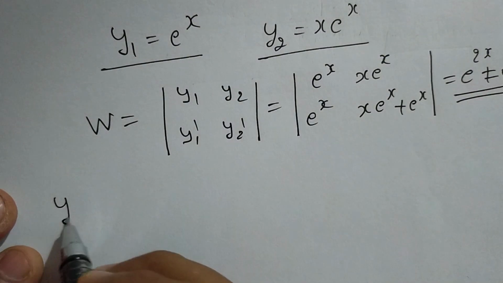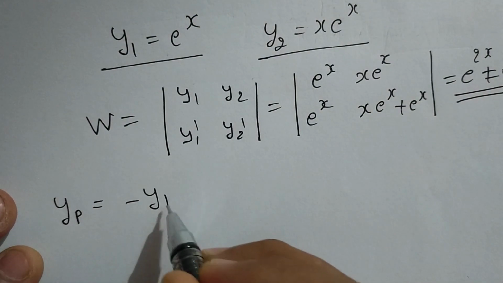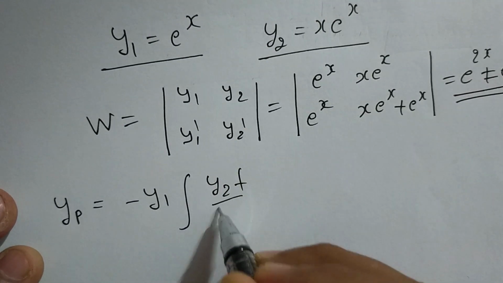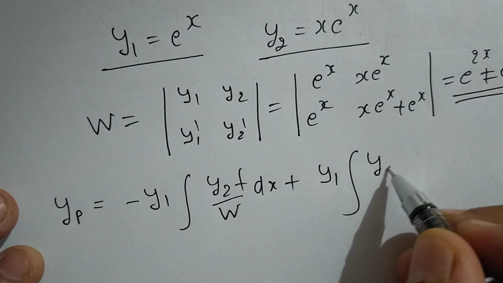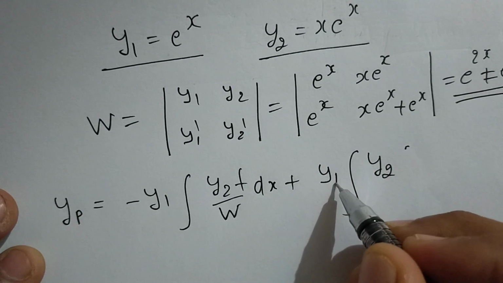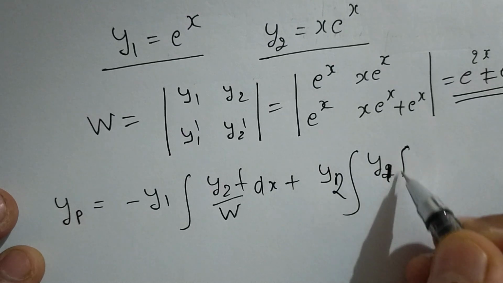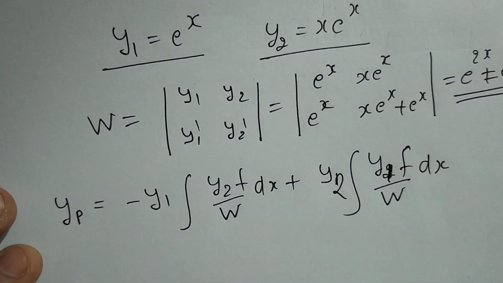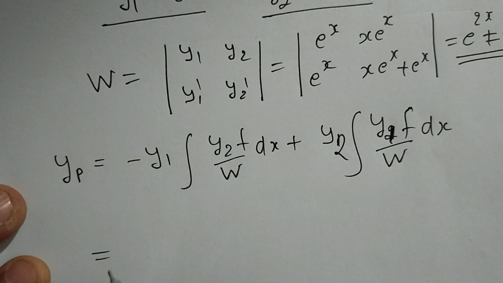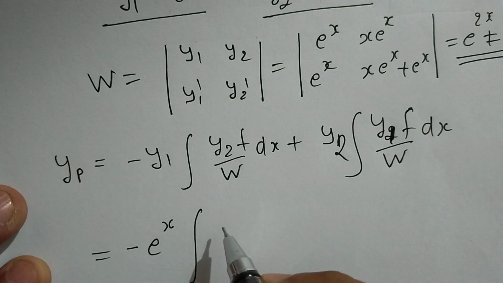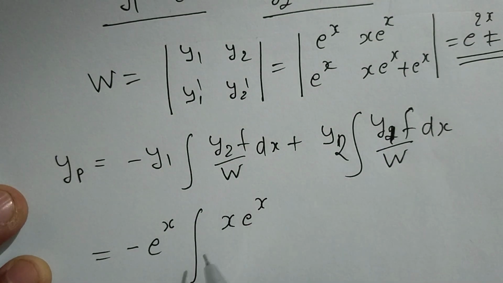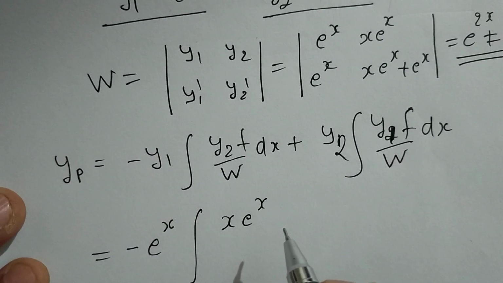So yp will be minus y1 integral y2 f by w dx plus y2 integral y1 f by w dx. So y1 is e power x and y2 is x e power x, and f is the non-homogeneous part, so that we have x e power x sin x.